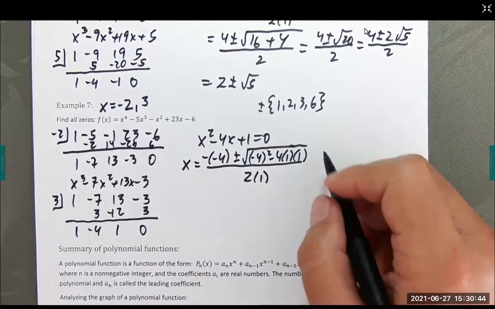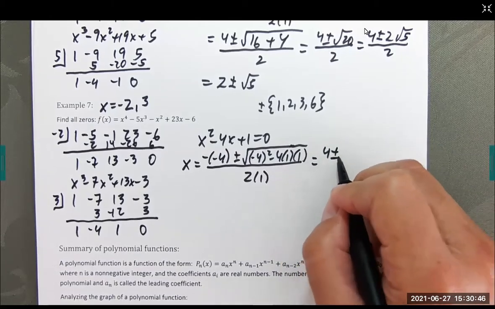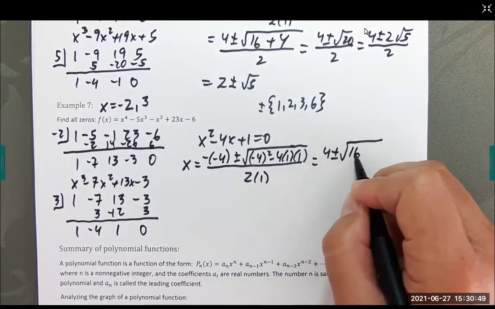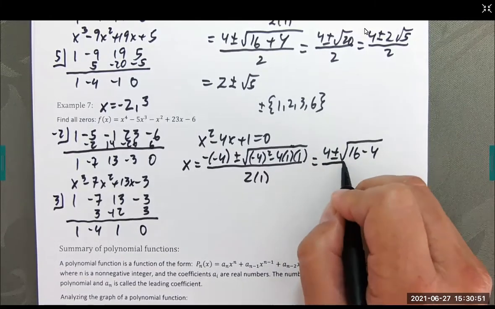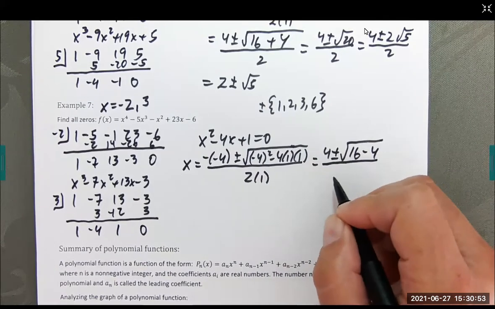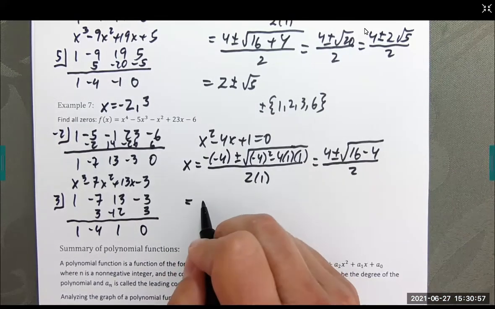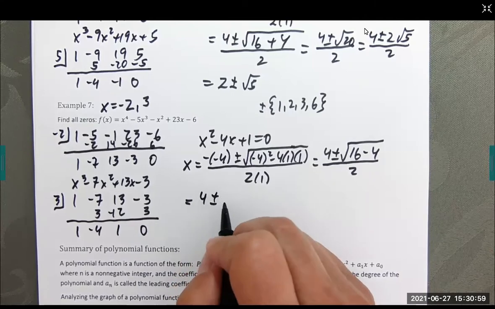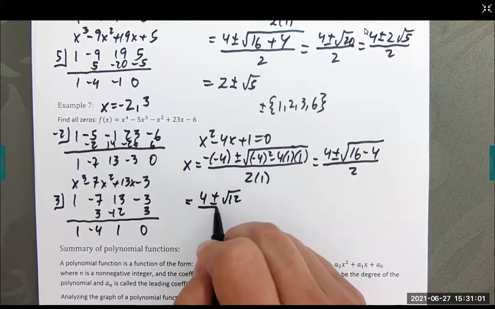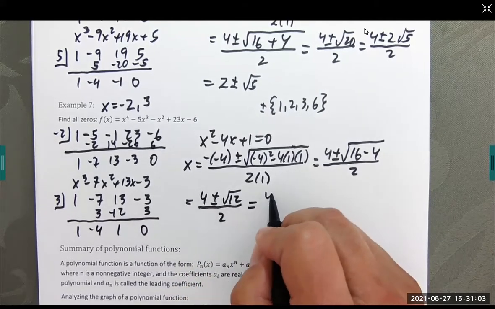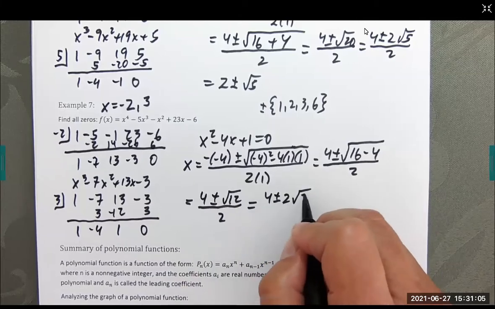All right, so we have 4 plus or minus the square root of 16 minus 4 over 2, which gives us 4 plus or minus root 12 over 2, 4 plus or minus 2 root 3 over 2.